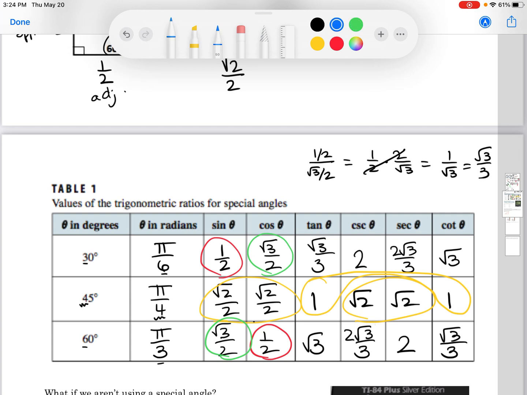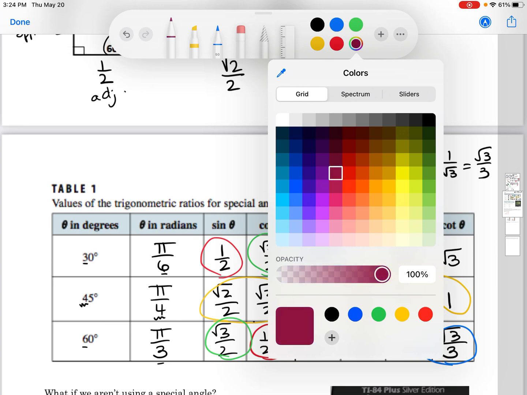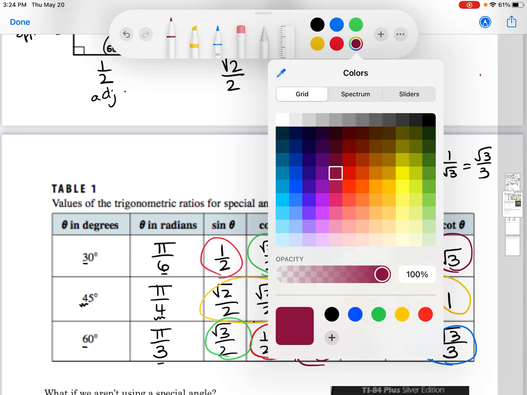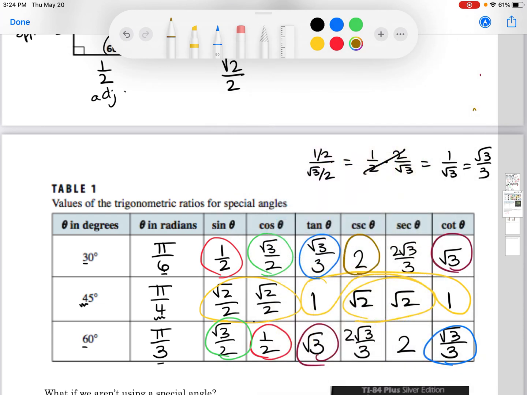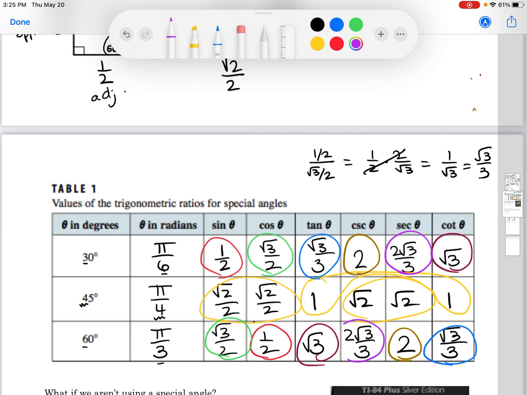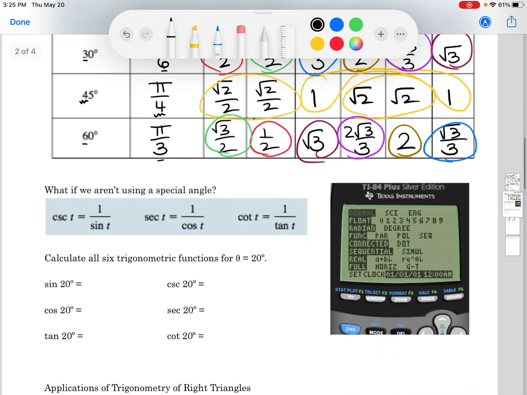You'll also see that the tangent of 30 is the same as cotangent of 60. You'll find that tangent of 60 and cotangent of 30 are the same. And then we have similar with cosecant and secant of 30 and 60, and with secant of 30 and cosecant of 60. These numbers seem to just repeat.